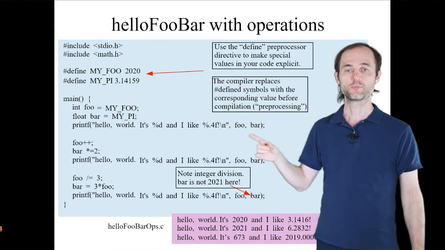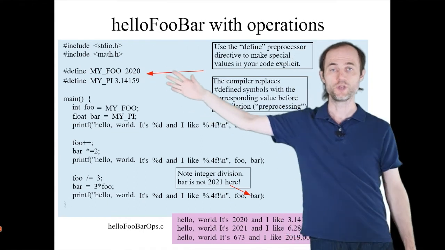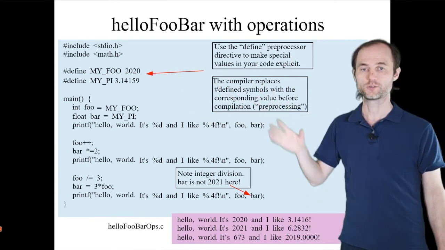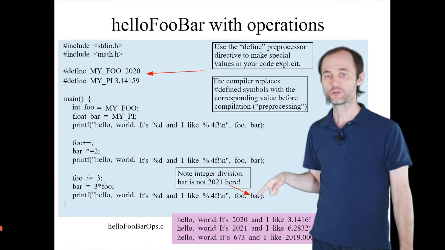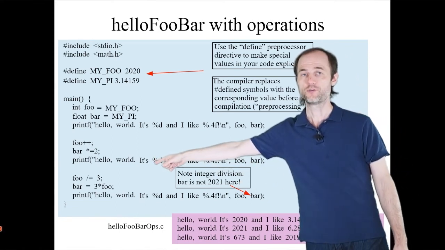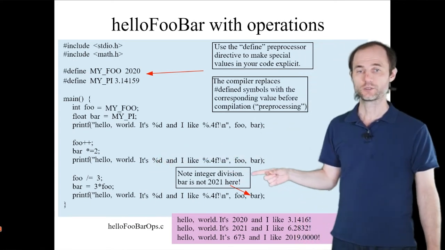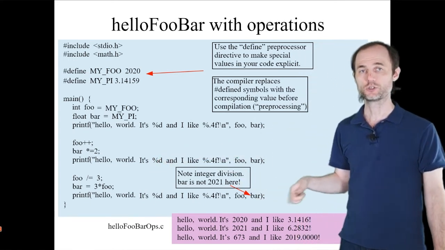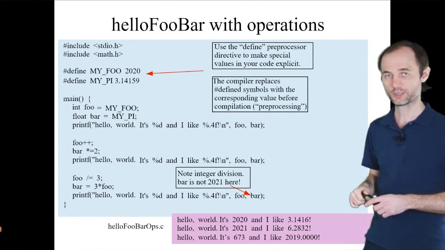As we discussed, the compiler replaces these symbols, my foo and my pi, with the values. And in here, we are using the integer division, foo divided equal sign 3. And that's why we're not getting 2021 here, we're getting 2019, which is divisible by 3, unlike 2021.